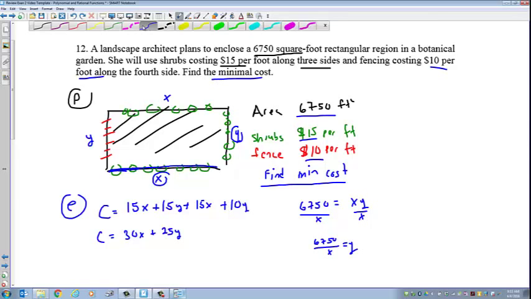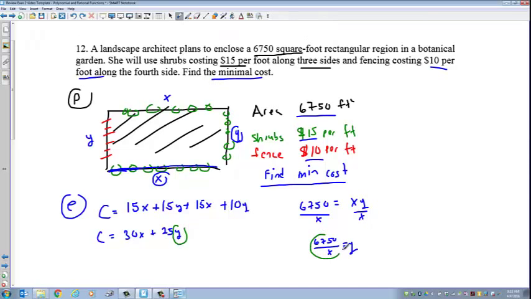And then we're going to substitute in for y. So here's y. Remember what it's equal to. So again, I always think of these as sort of like a flashcard. Up front you have y, and then you flip it over, and 6,750 over x is on the back. So this is going to be 30x plus 25 times 6,750 divided by x.